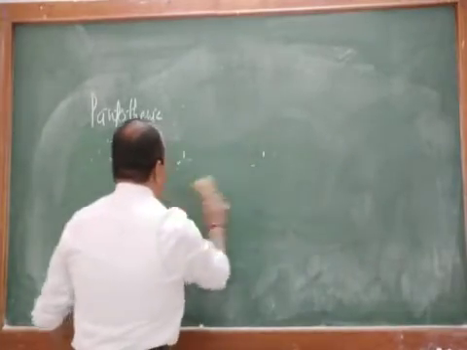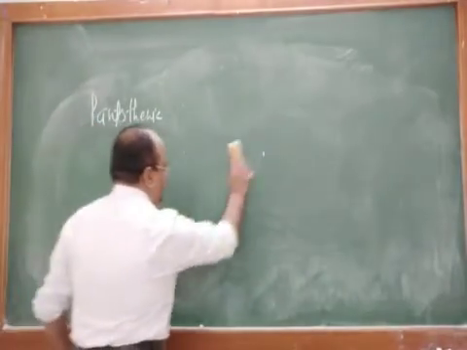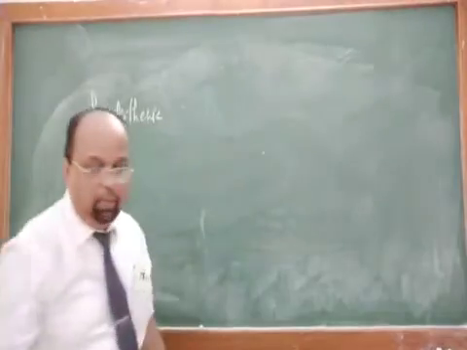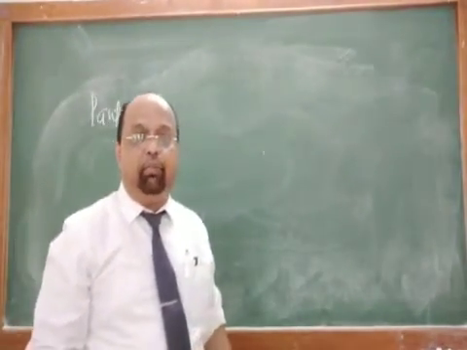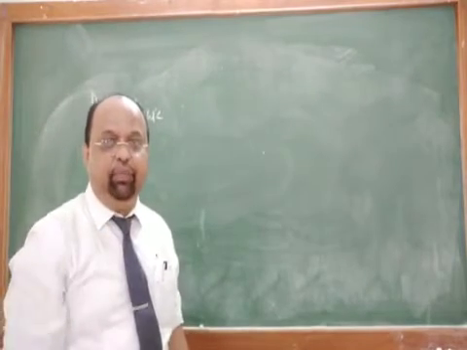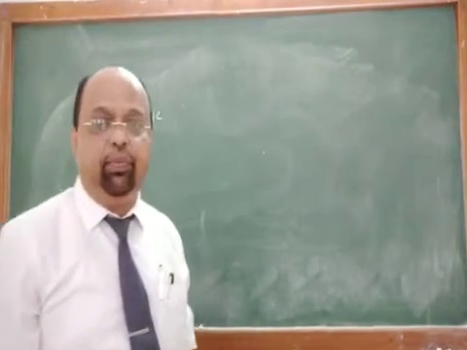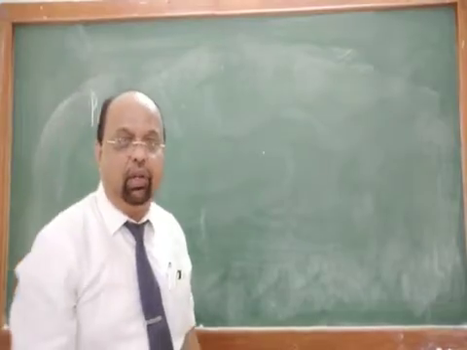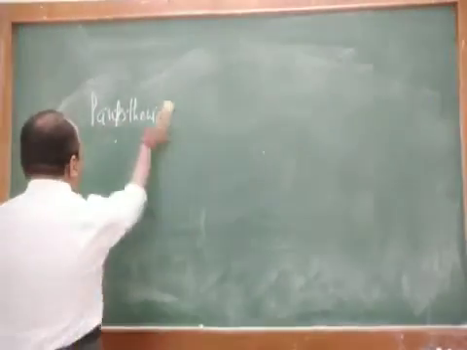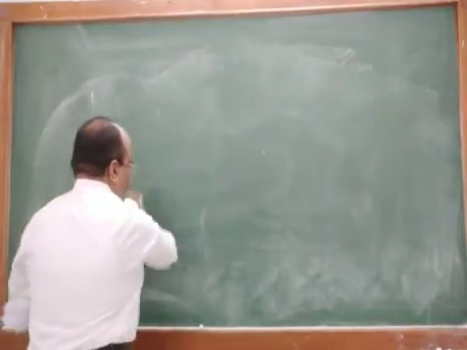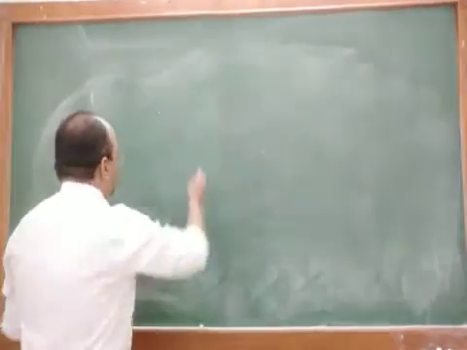Now this structure contains two important components. One is called pantoic acid, and the second is beta-alanine. I'll draw the structure of pantothenic acid.